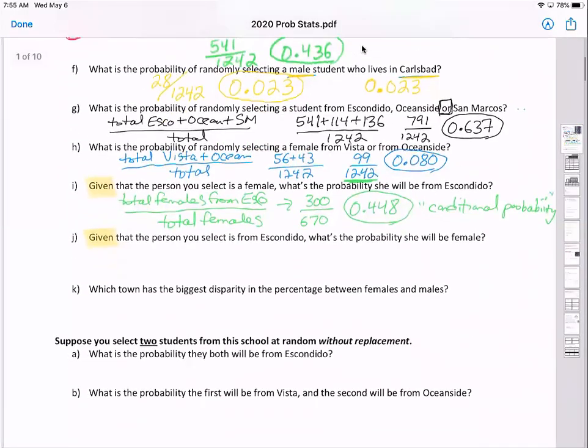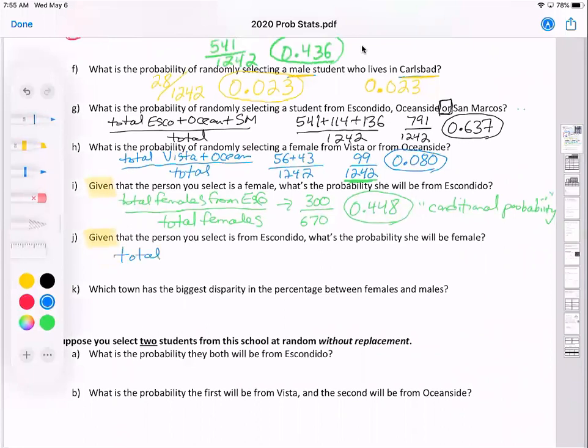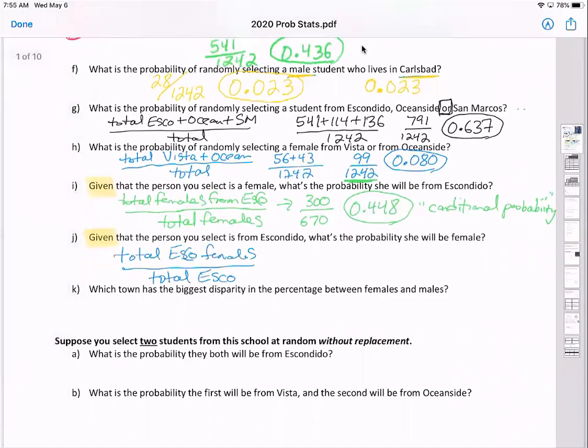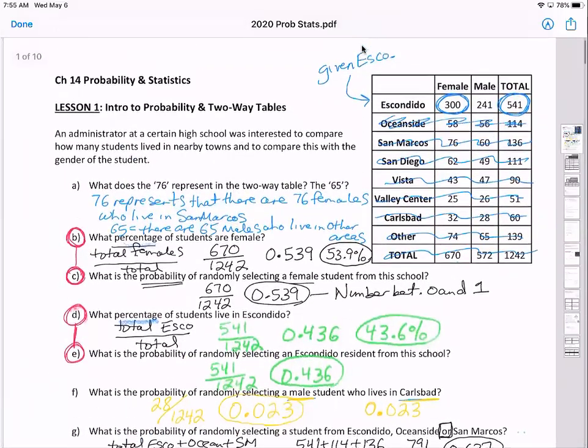So let me write that down. So we would have the total Esco females divided by the total Esco residents. So the total Escondido females is 300.